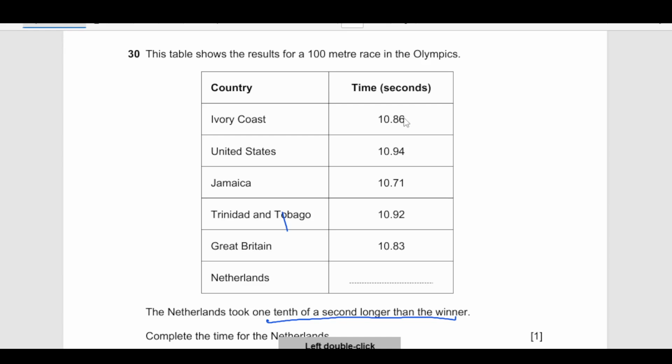The minimum here is Jamaica, which is 10.71, and the Netherlands takes 1/10 more than this. 1/10 is equal to 0.1. So we add that extra time, and this is going to be 10.81.